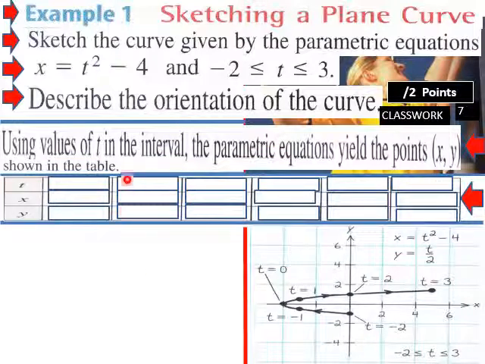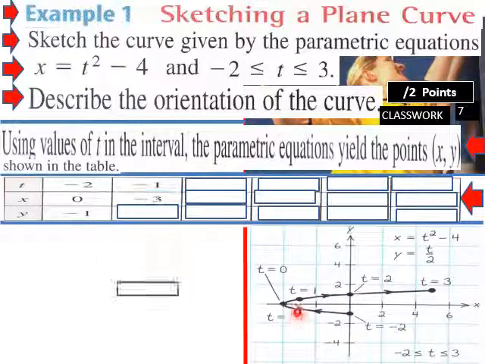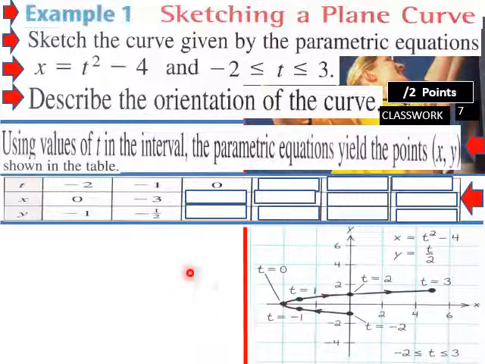And then we have a table here. So when t equals -2, which would be here, we have x equals 0 and y equals -1. When t equals -1, which is here, we have x equals -3 and y equals -1/2. When t equals 0, right here, you have x equals -4 and y equals 0.